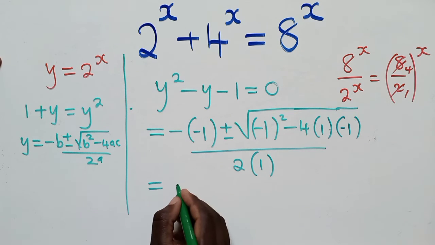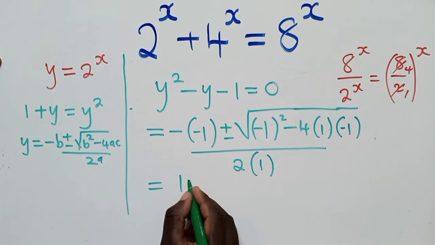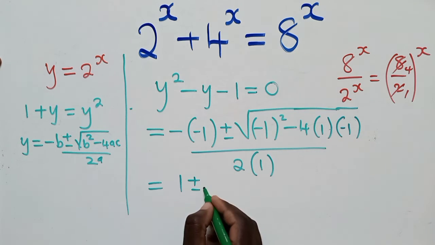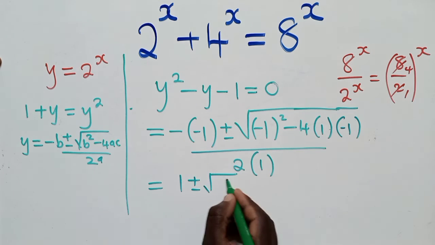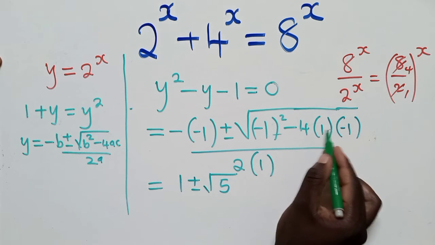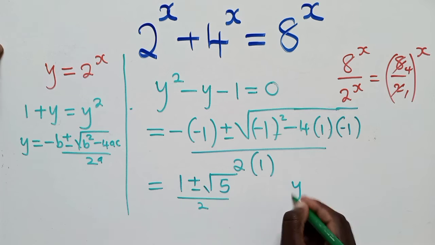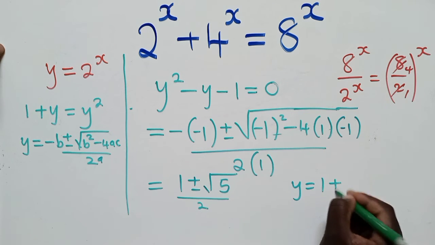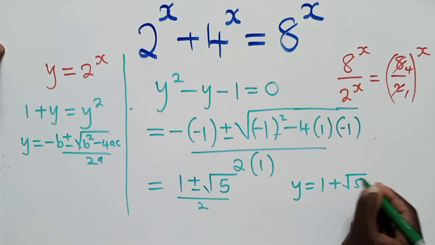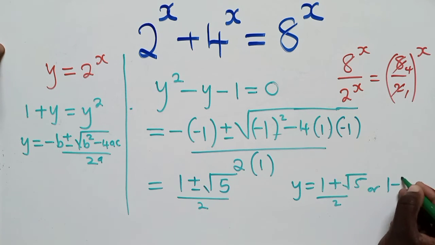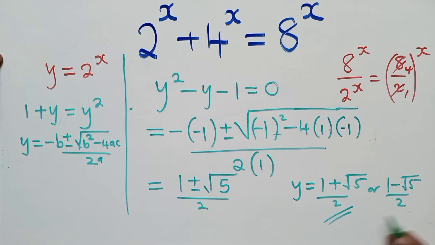When we simplify this, it will give us 1 plus or minus the root of 5, over 2. So our y will be equal to (1 + √5)/2 or (1 − √5)/2. So these are the y values.